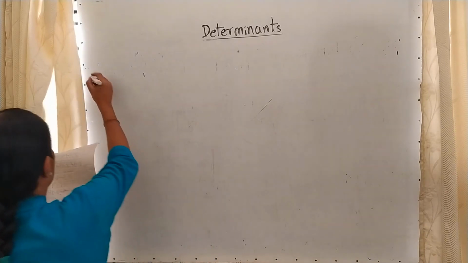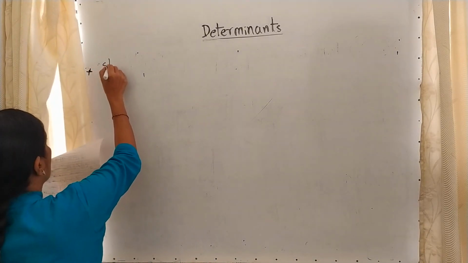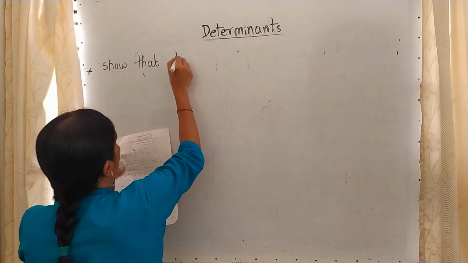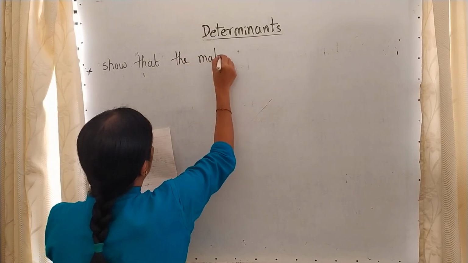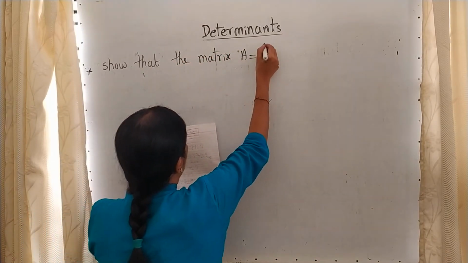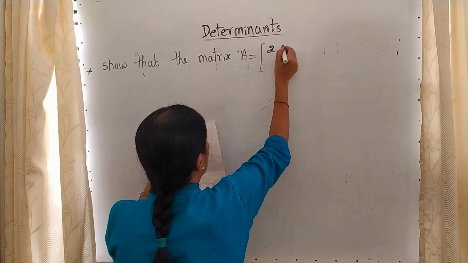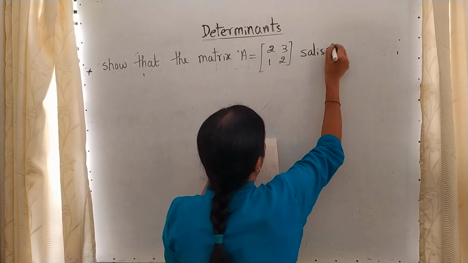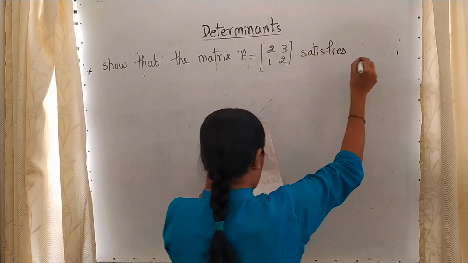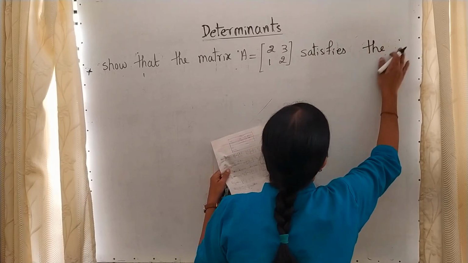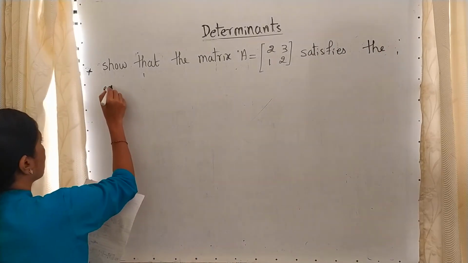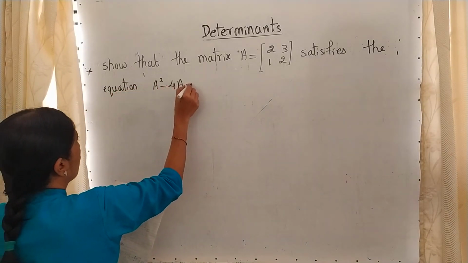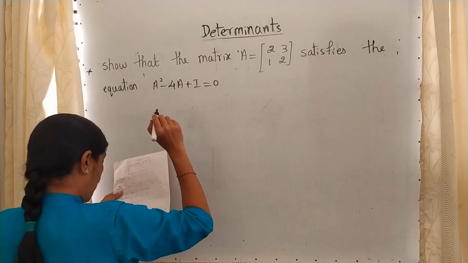Next question is, show that the matrix A is equal to 2, 3, 1, 2 satisfies the equation A square minus 4A plus I is equal to 0.